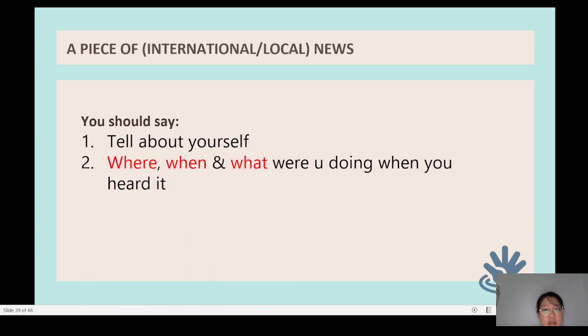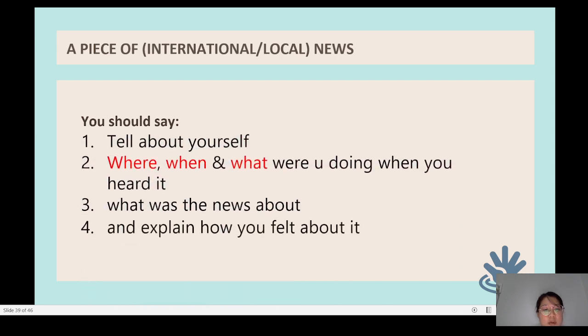And here are 4 questions that you should answer to do this type of question. You can see that the first one is that you should tell about yourself, your experience, and something which relates to the topic. The second is that you should mention where, when, and what you were doing when you heard it. The third is what the news was about.